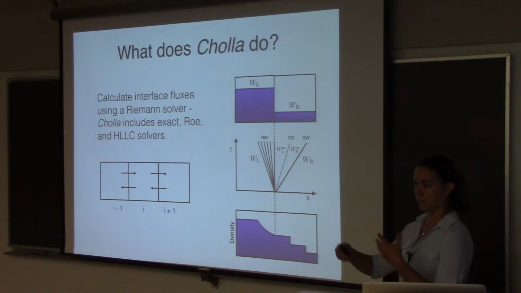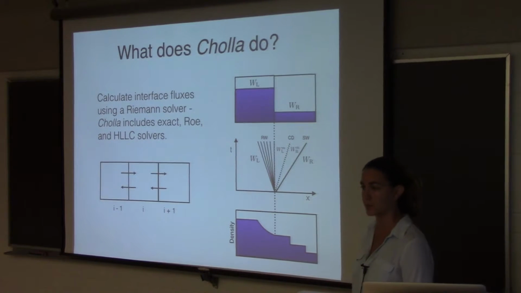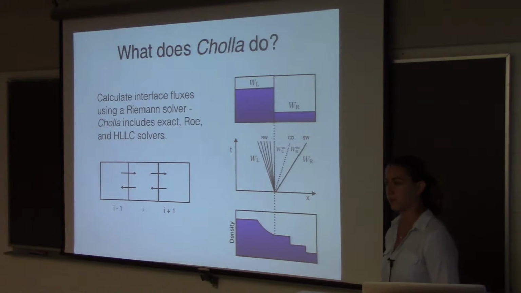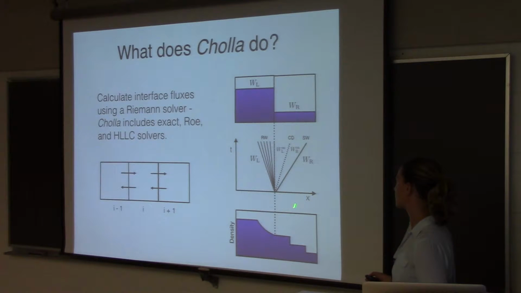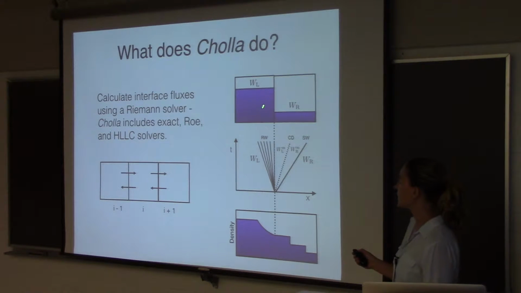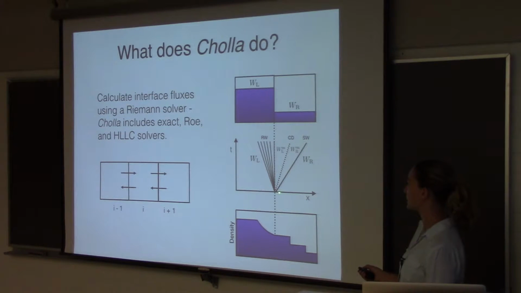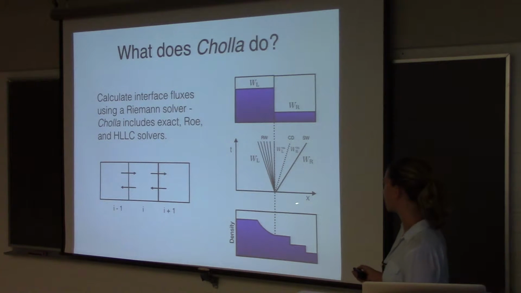So then once you've actually estimated what you think the values of the conserved variables are at interfaces, you need to calculate the fluxes. And in finite volume codes, this is generally done using what's called a Riemann solver. And this is just a schematic representation of how a Riemann solver works. But effectively, if you have a left state and a right state of your hydrodynamic variables, then you can find an exact solution for what the waveforms should be at any later time across that interface.